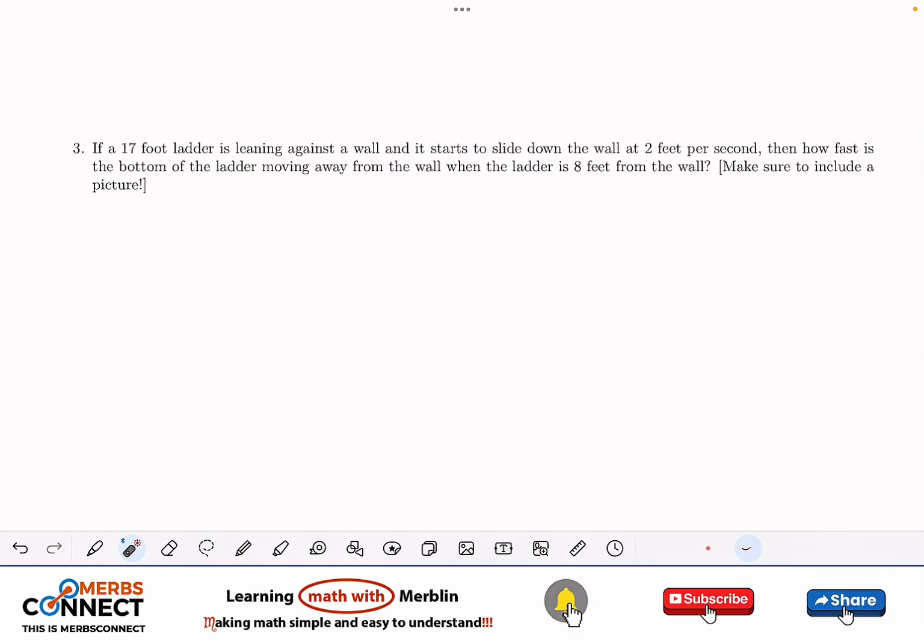Now, anytime we are dealing with a question which goes with a ladder and then a wall, what you need to think about is the Pythagoras theorem, right? So two things that you need to know is anytime you want to form the Pythagoras theorem, which goes with a right angle triangle, we need to have one known, two unknowns on the right angle triangle.